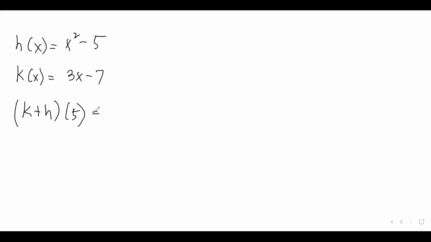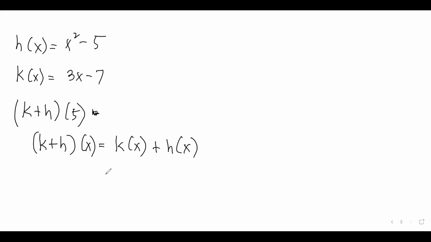So, all we have to do first is to find k plus h of x. So, what is k plus h of x? We have k of x, kasi nauna yung k, plus h of x. Substitute the function, k of x natin is 3x minus 7 plus, ano yung h of x?